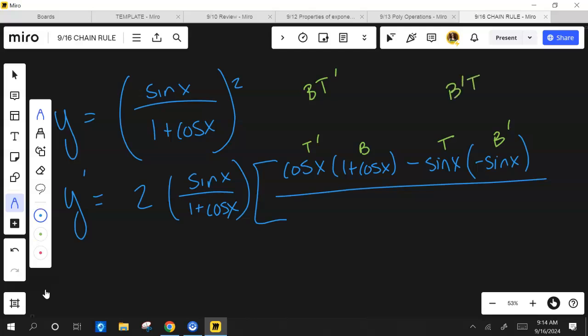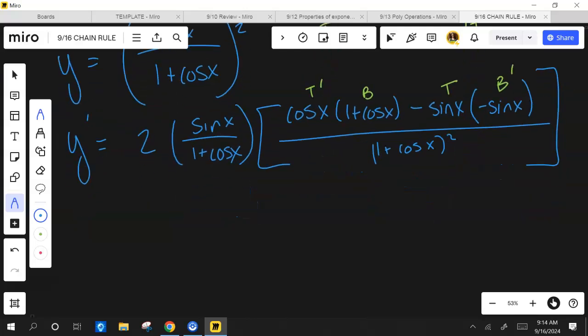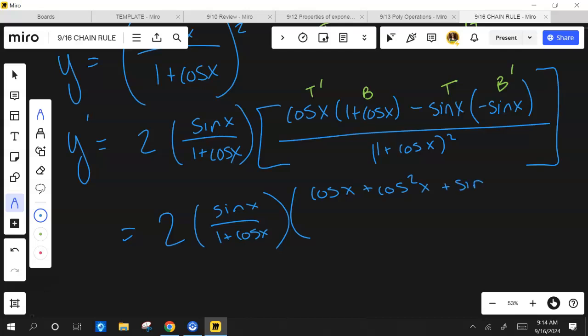So yes. All right, and then 1 plus, but this is nice because some magic happens here, I think. So this is going to be, all right, I've got 2 times cosine x plus cosine squared x plus sine squared x.